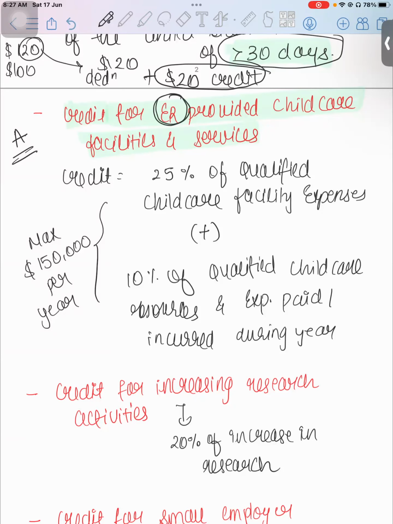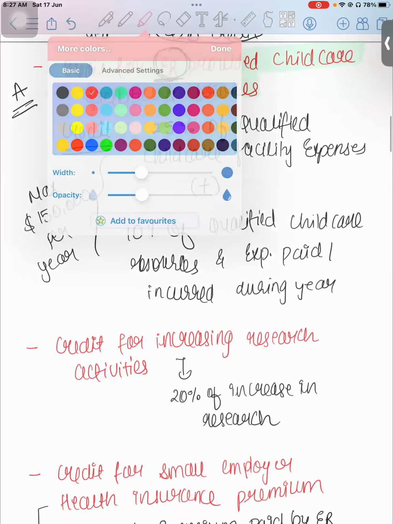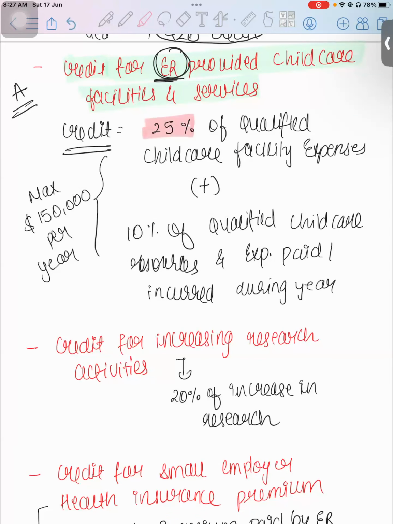So employers must get some deduction, some benefit for that. That's why whatever expense the employer is incurring, he can take a credit equal to 25% of the qualified childcare facility expense. Let's say the employer is providing $1,000 to that childcare facility, so $1,000 times 25%, plus 10% of qualified childcare resource expenses.